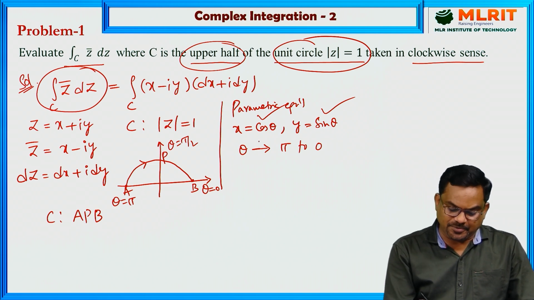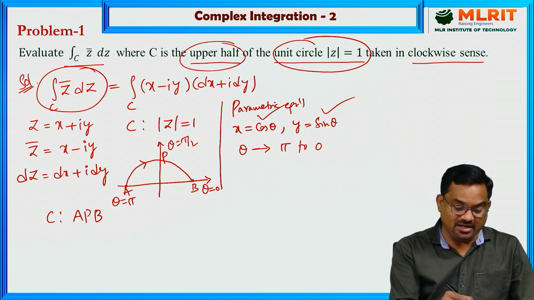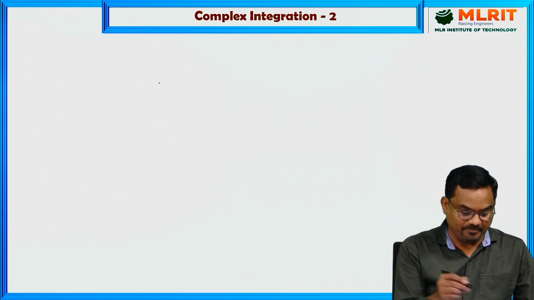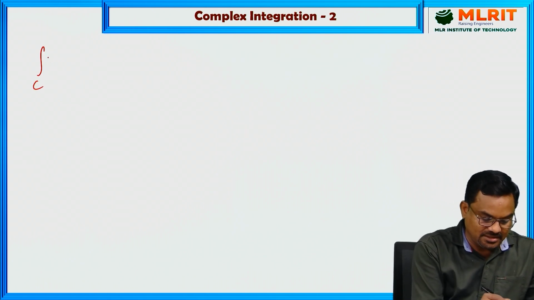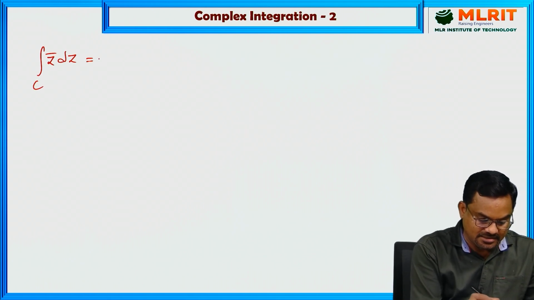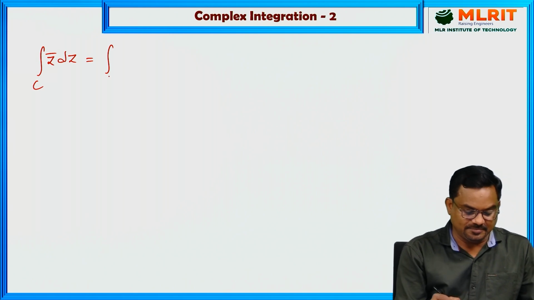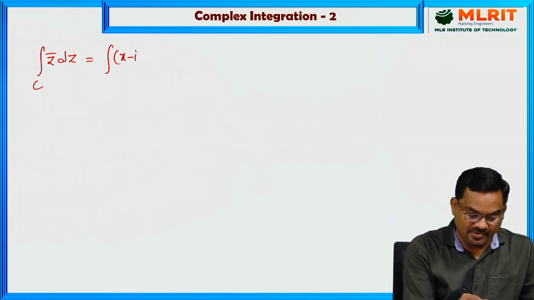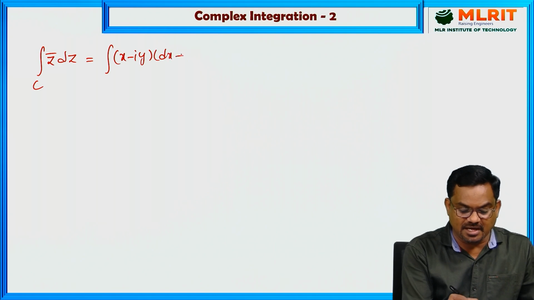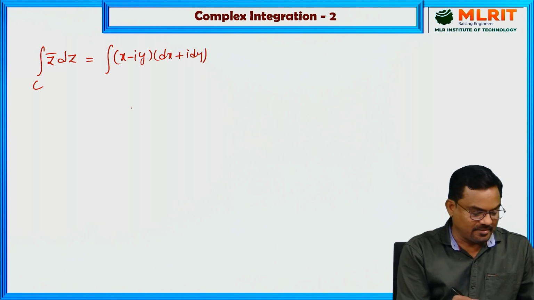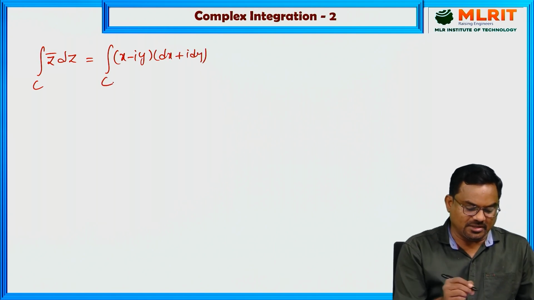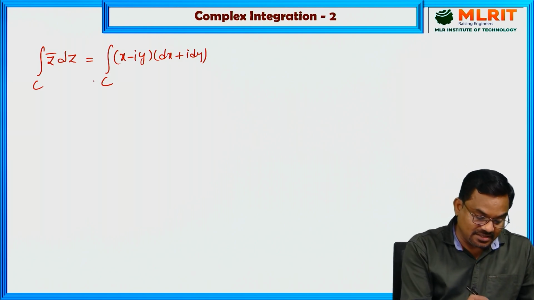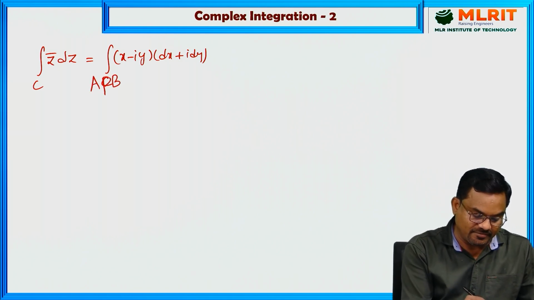Now, let us substitute x equal to cos theta, y equal to sin theta in this integral. Now, integral c z bar dz is equal to integral x minus iy, dx plus i dy, along the curve C. That curve is APB, the upper half of the given unit circle.